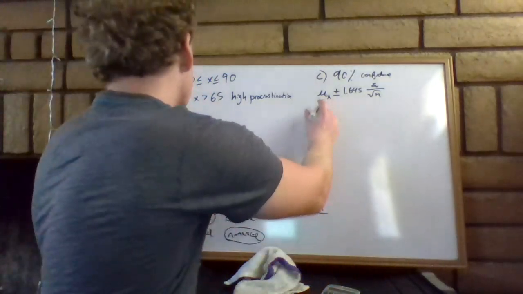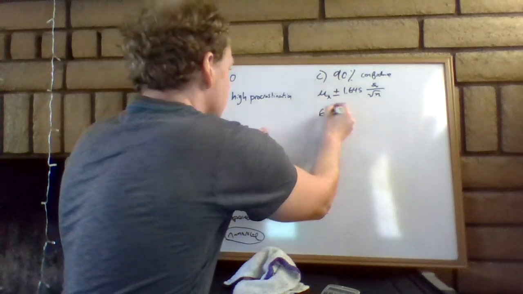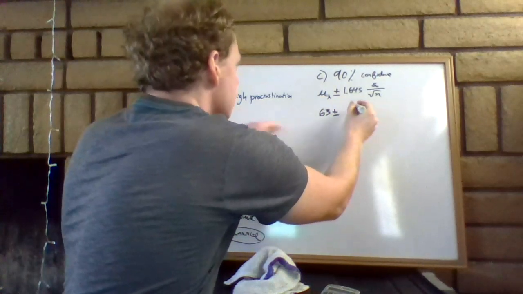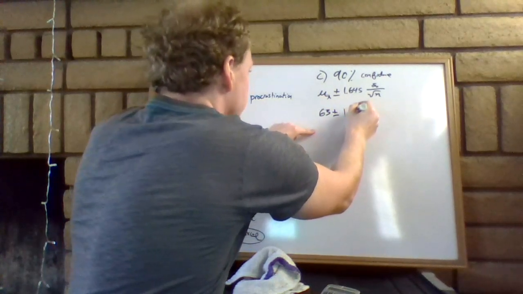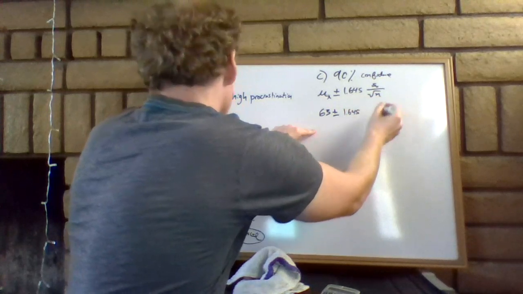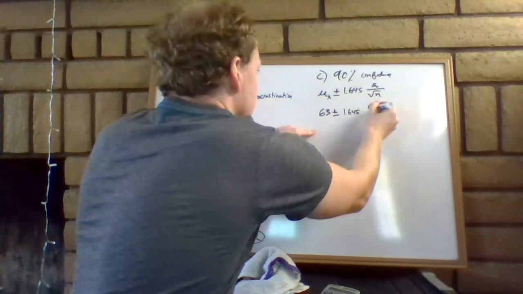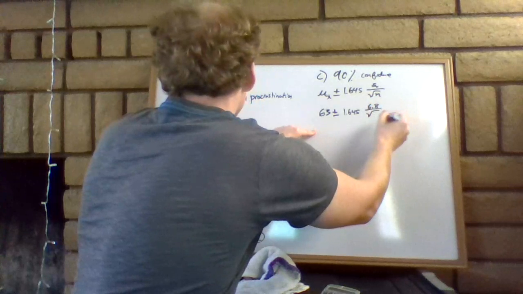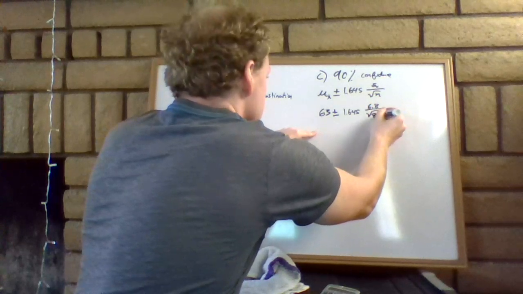So we're going to say mu of x, so 63 plus or minus 1.645 times 6.8 divided by the square root of 86.